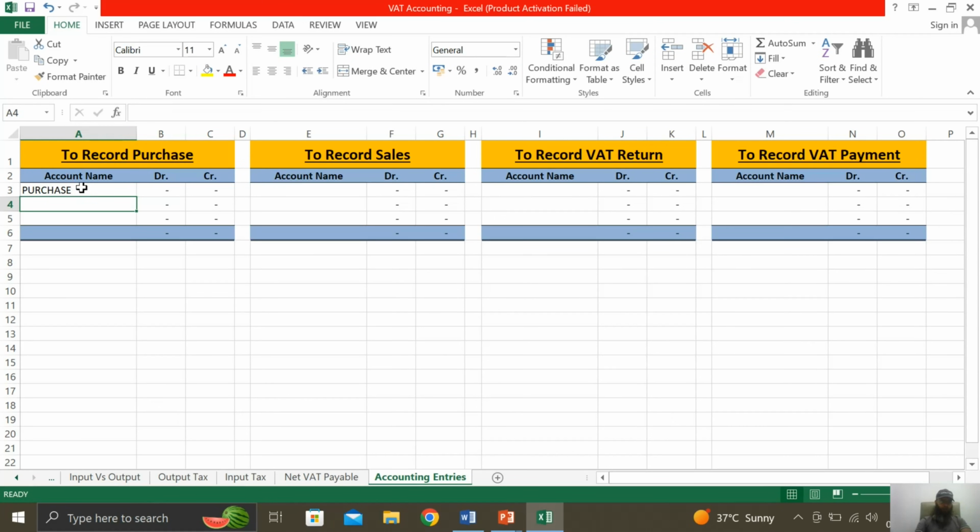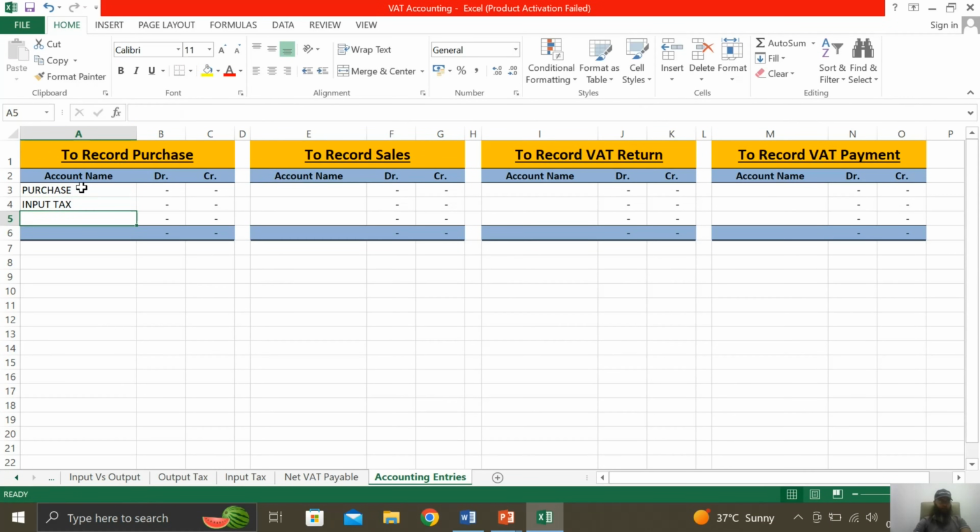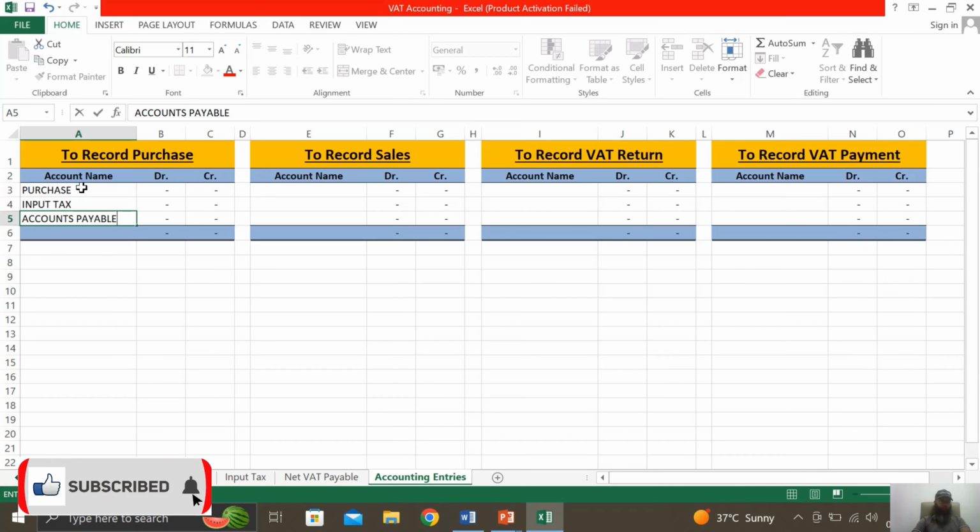And you will give another debit to input tax, and the credit will be to the accounts payable. If you did not pay, it is a credit purchase, then you will make this entry.